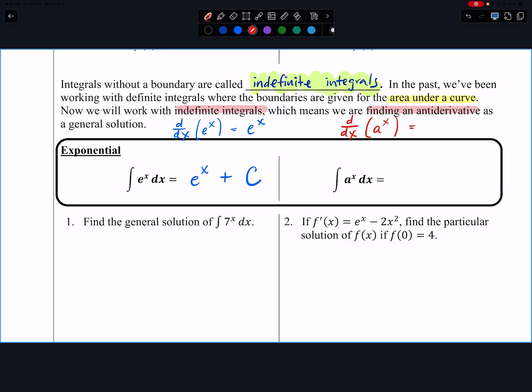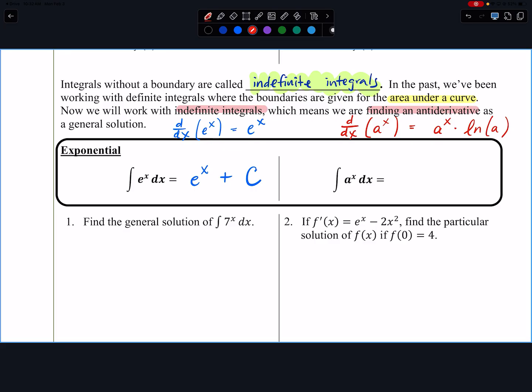Is going to be a to the x times, this is where it's weird, the natural log of a. So if this was 2 to the x, the derivative would be 2 to the x times natural log of 2. Done. That's it. Okay?